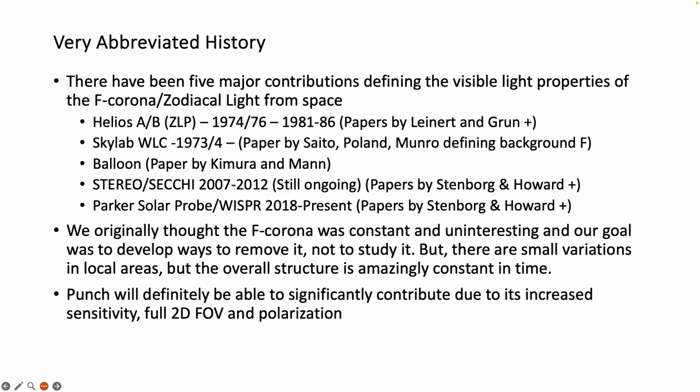It was really amazing, and we'll talk a little bit about that. The Skylab mission, 73 to 74, there was a paper that defined the F corona as seen out to about 6 solar radii by Saito, Poland, Monroe, which I referred to in my software that described, if you called IDL and wanted to know what the F was, here it is.